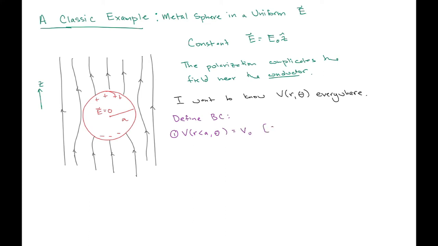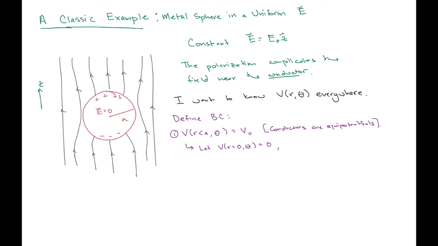And that's because conductors are equipotentials. All right, there's one boundary condition. Okay, I'm going to get more specific. I'm going to let the potential for this particular problem be 0 at r equals 0, because I can set the potential to 0 anywhere I want.